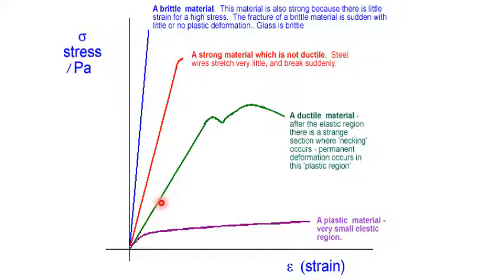But if you take any plastic material, they are not in a position to take up the load. They won't provide any resistance to the applied load, so they will not show the linearity between stress and strain. Instead of that, they will show an elongation and they will break.